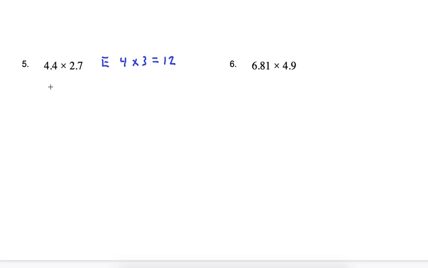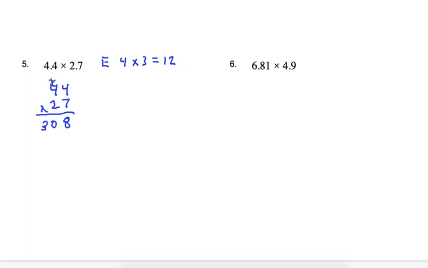Now let's just multiply the digits together without worrying about the decimals. So 7 times 4 is 28. Put down the 8, carry the 2. 7 times 4 is 28, plus the 2 would be 30.